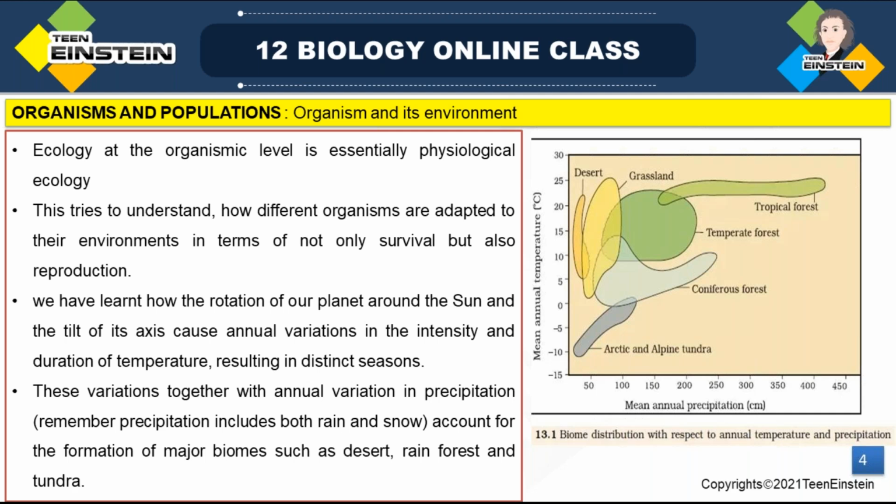along with annual variation in precipitation. What do you mean by precipitation? Rainfall, snowfall and all these come under precipitation. So that variation along with annual variation in precipitation makes major biomes.